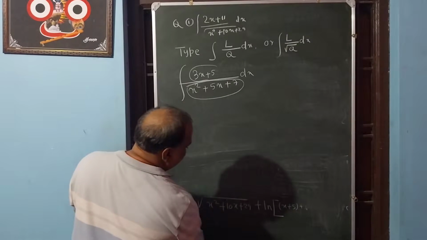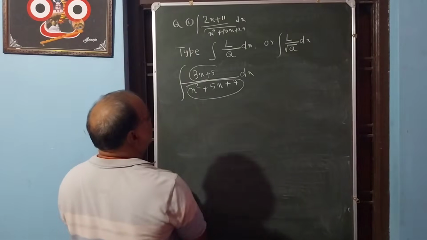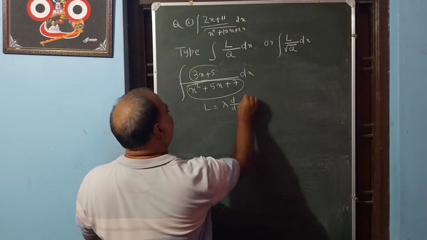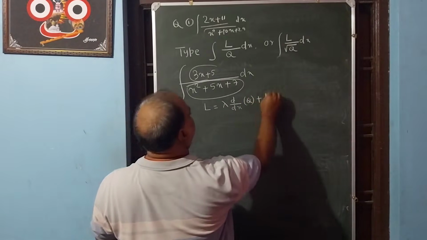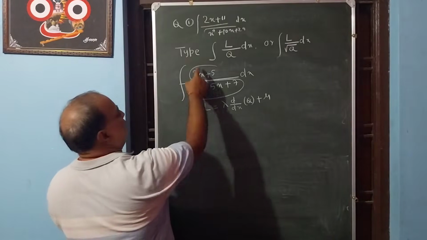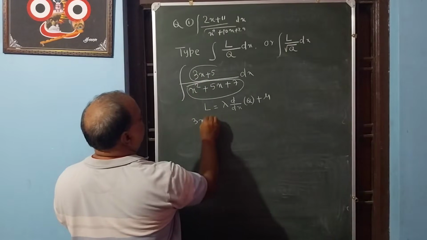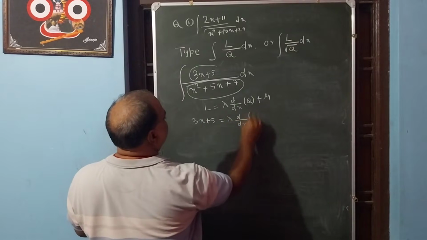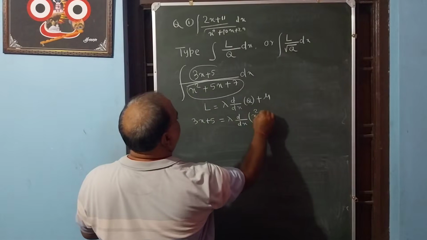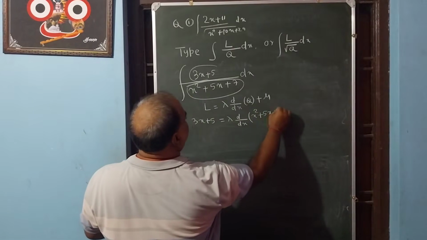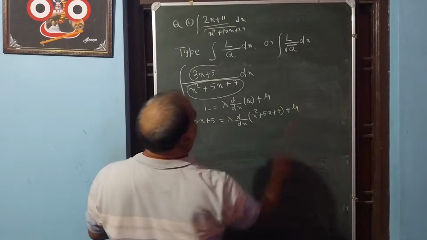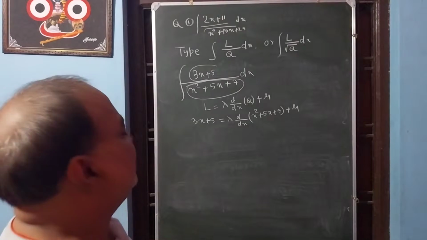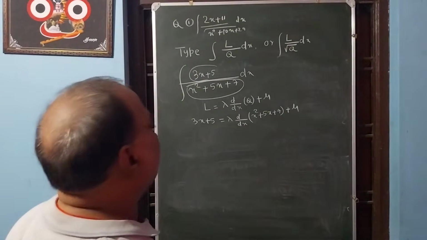First of all, we have to take linear L equal to lambda d by dx of quadratic plus mu. In place of linear, that is 3x plus 5, here it is lambda d by dx of quadratic, quadratic means x square plus 5x plus 7, plus mu, where lambda and mu are constants whose values are to be determined by comparing the coefficient of x and the constant term on both sides.